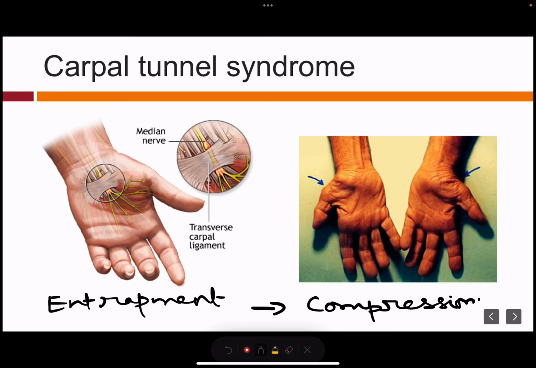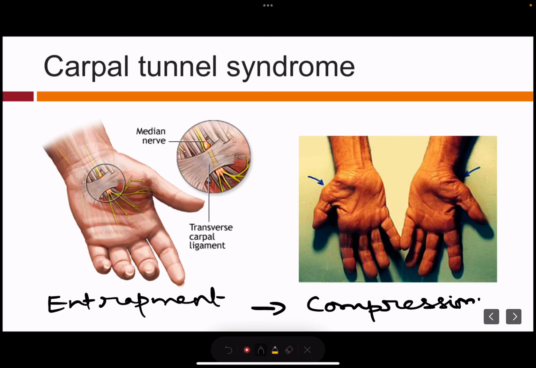Also, people who keep the palm resting on the table for a very long time while using the mouse, especially IT professionals working with their laptops, constantly compress the flexor retinaculum, and it gives rise to compression of the median nerve, giving rise to the symptoms of carpal tunnel syndrome.